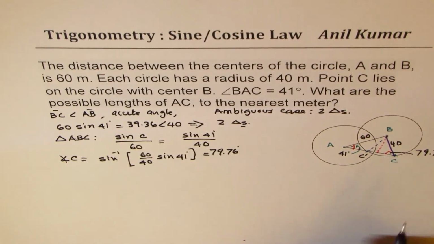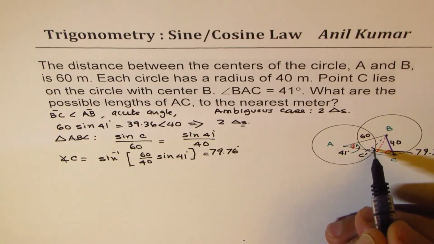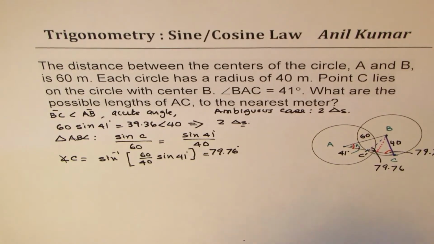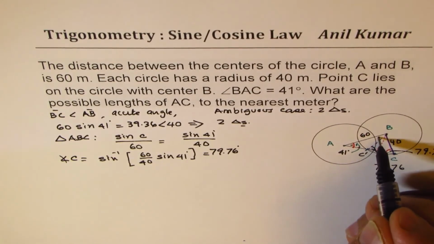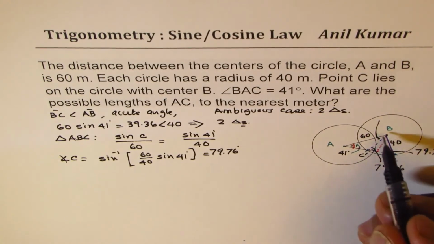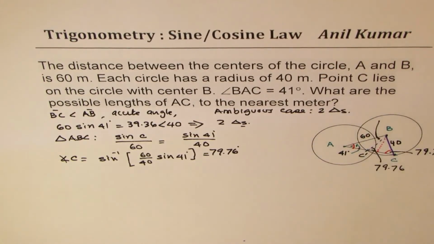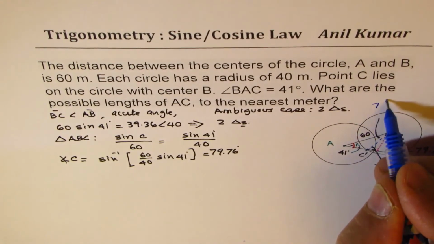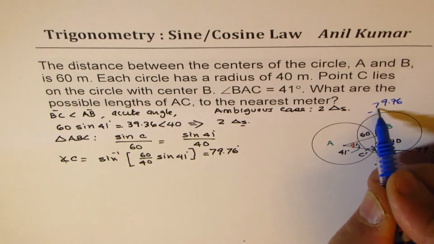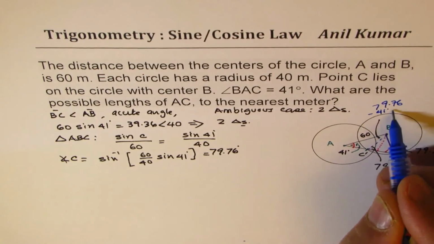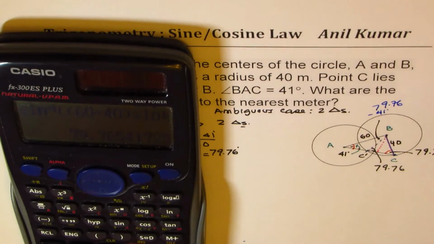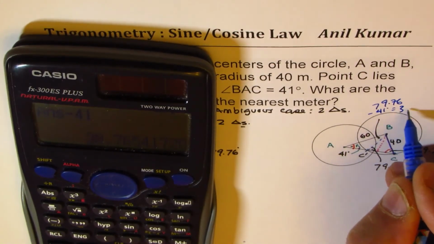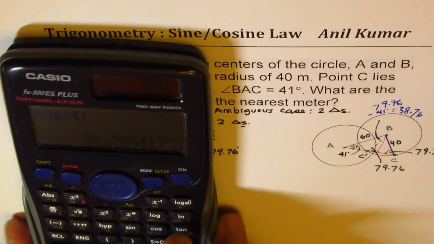Now if this is the angle here, that angle is also for this side. So both are 79.76. The smaller angle here will be, because this is an exterior angle, 79.76 take away 41 degrees, which is 38.76.